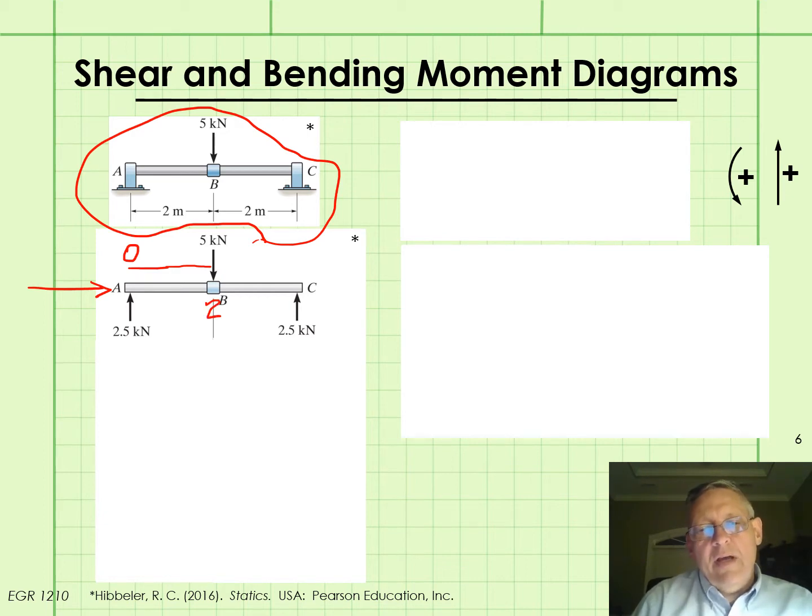So we note that, and we continue on after the 5 kilonewton force. And the next discontinuity will be experienced at x equals 4, where the 2.5 kilonewton support reaction is.